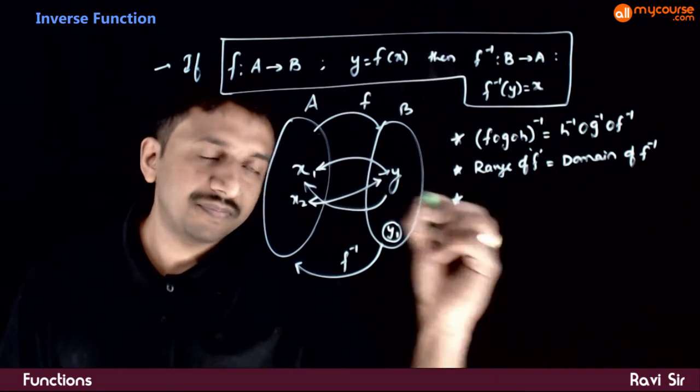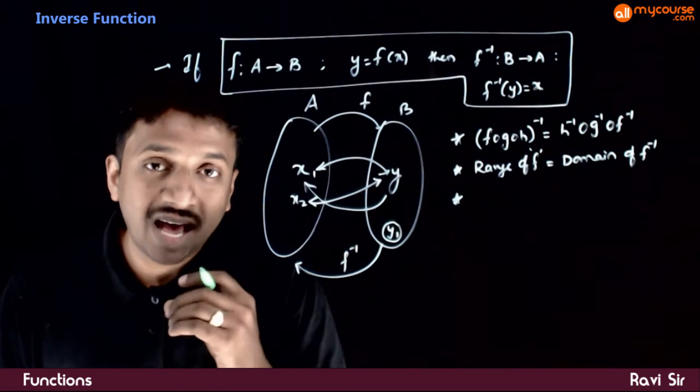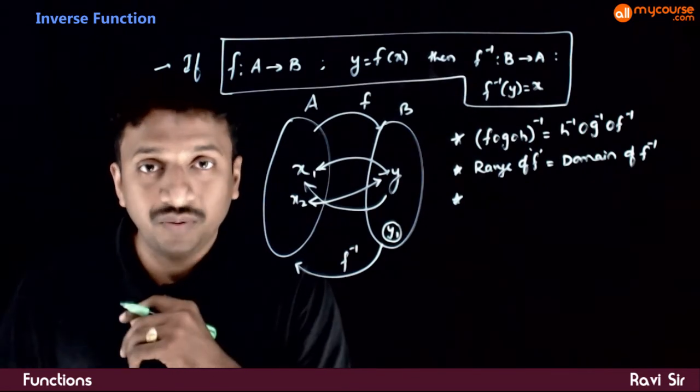Next, the graphs of inverse functions are mirror images about the line y is equal to x.